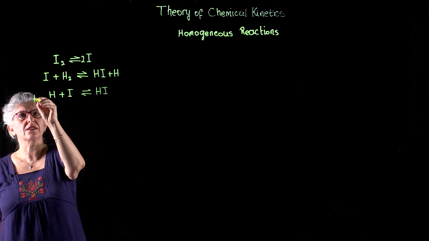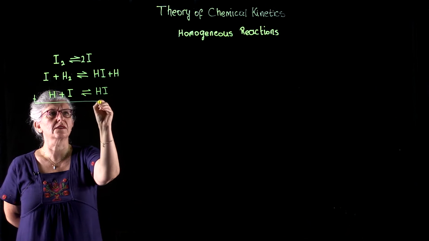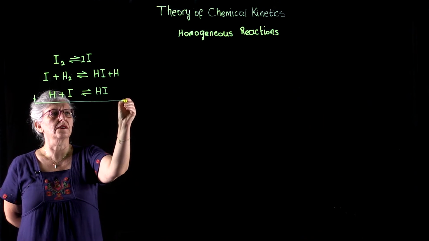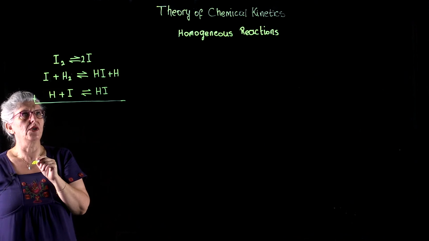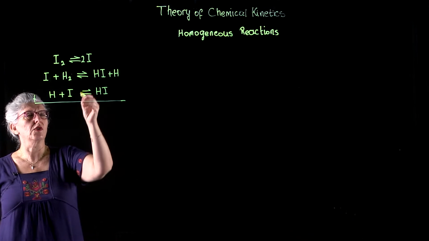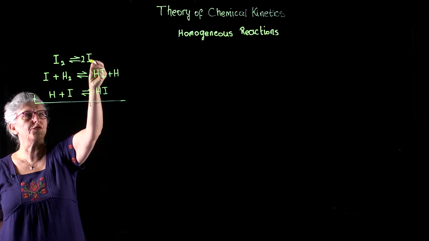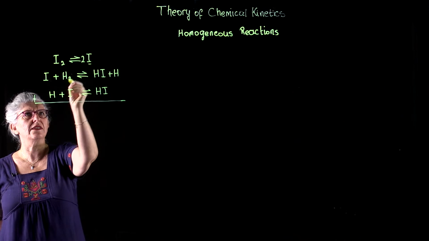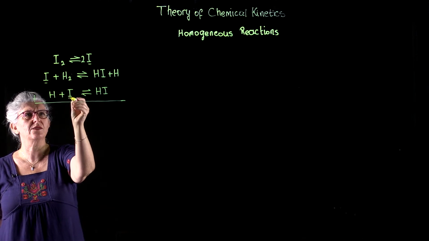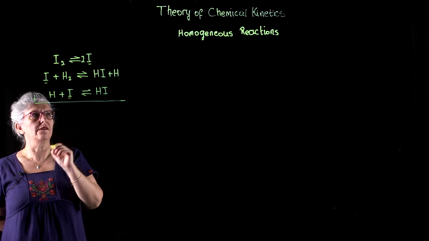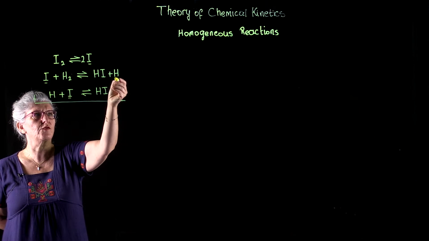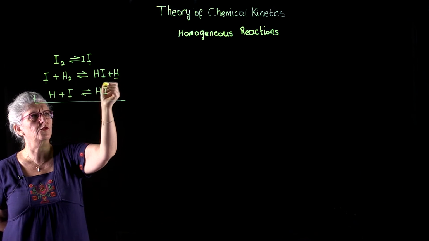The net reaction goes as follows. Here we have two iodide molecules formed. This cancels with this one and this one. We have two hydrogen atoms formed, and we have one hydrogen atom formed.